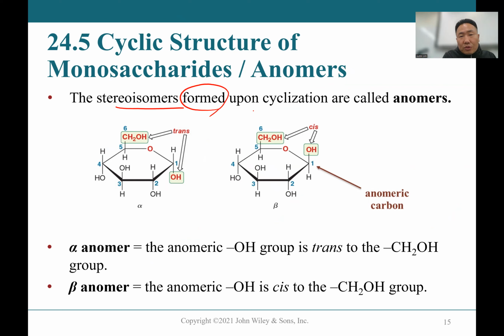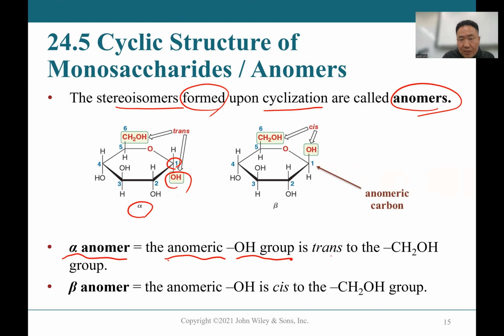Stereoisomers formed upon cyclization are called anomers. So you can see the alpha anomer. This is an alpha anomer. The anomeric OH group is trans to the CH2OH group, in opposite directions.